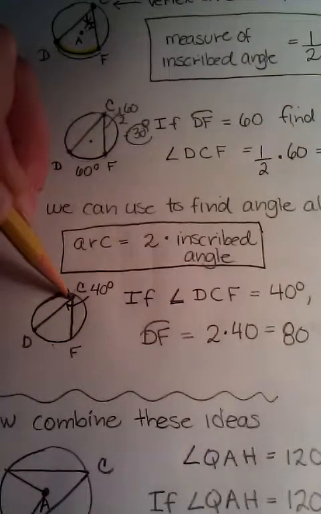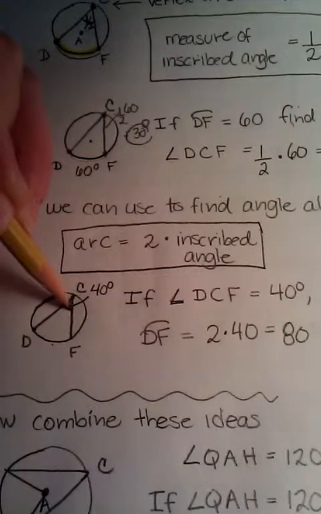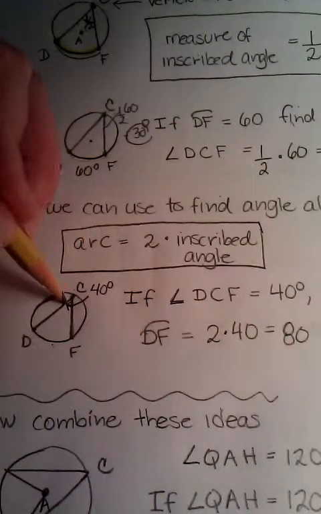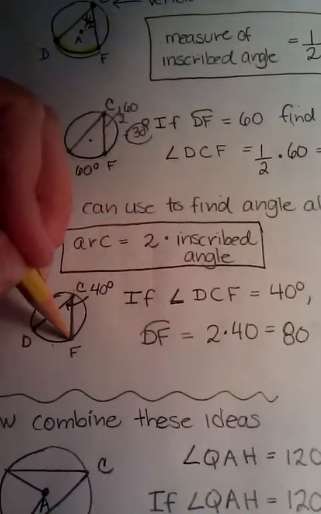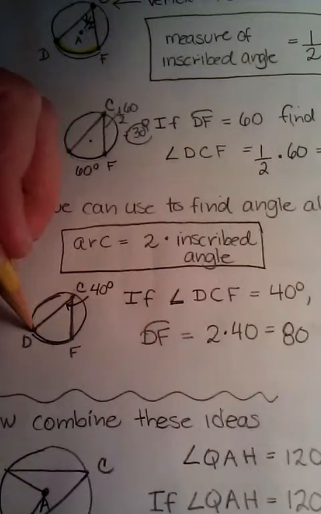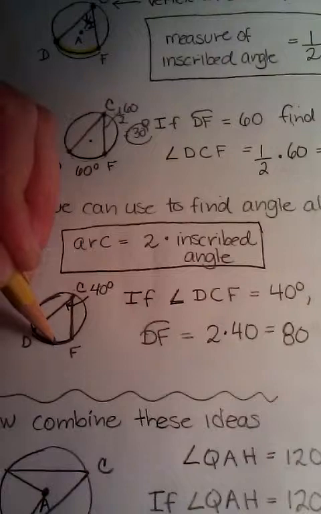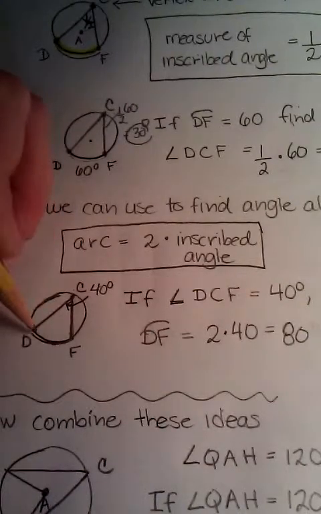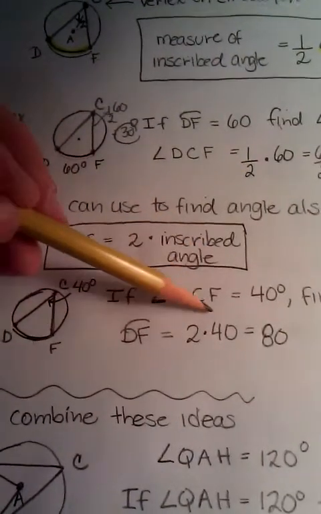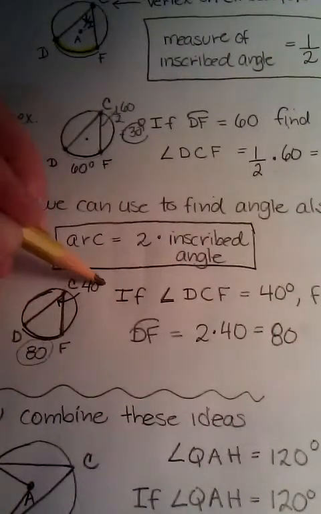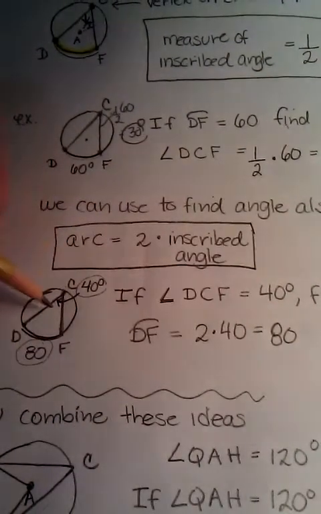So I know inscribed means I have to come all the way there, and I labeled it DCF, and I put it's 40 degrees, and we want to find this measure right here. Well, we know that this is half of this, so this means I have to multiply it by 2 to find that measure length. So I go 2 times 40, and that gives me 80. So this is 80, because half of this gives me 40. So there we are.